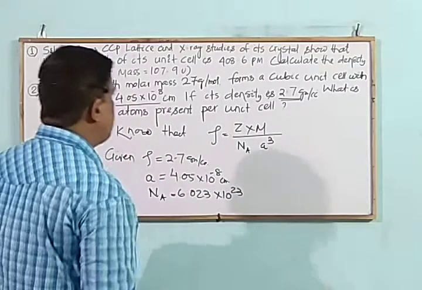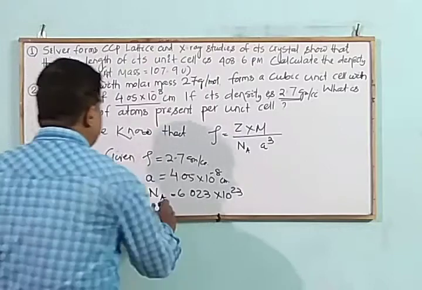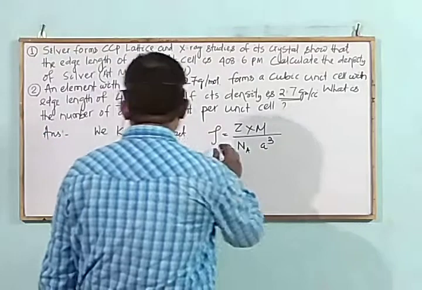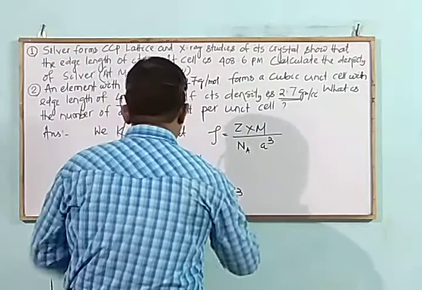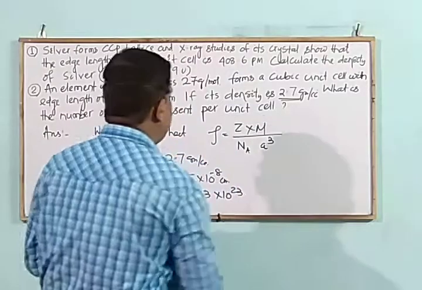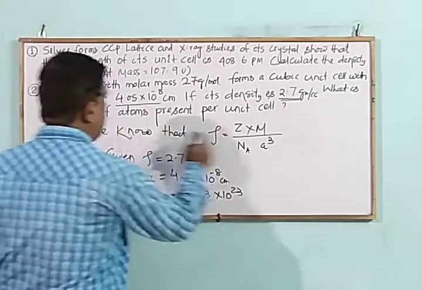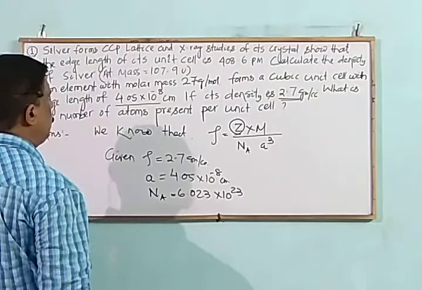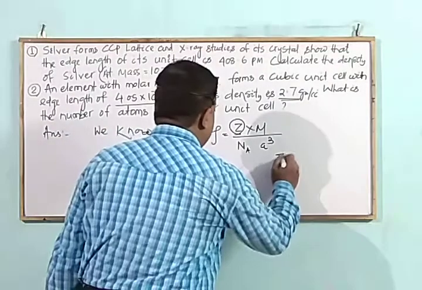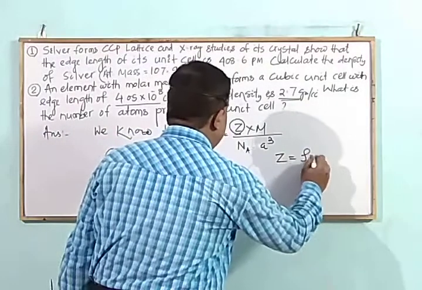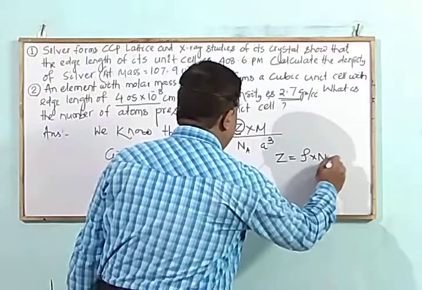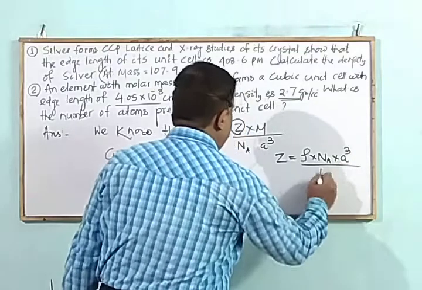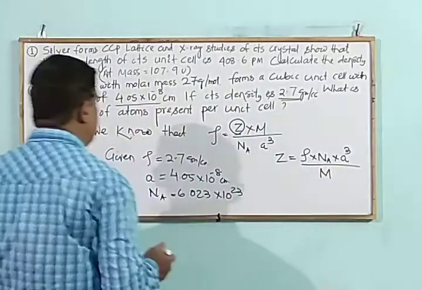Then in case of simple cubic, Z is equal to 1. Our aim is to calculate the number of atoms, that is Z. So Z is equal to rho into Avogadro number into a cubed divided by molecular mass.